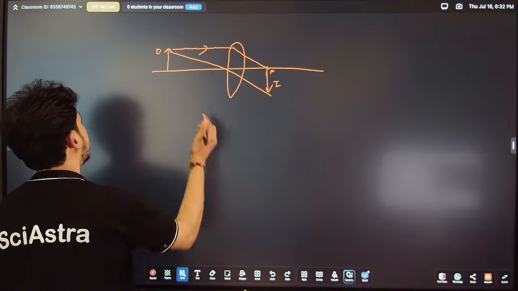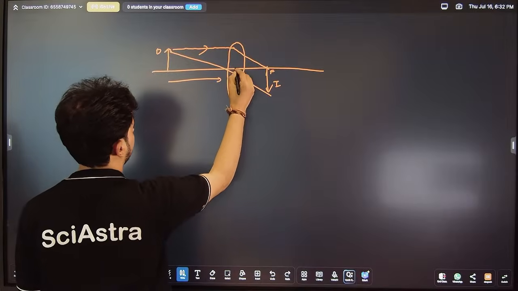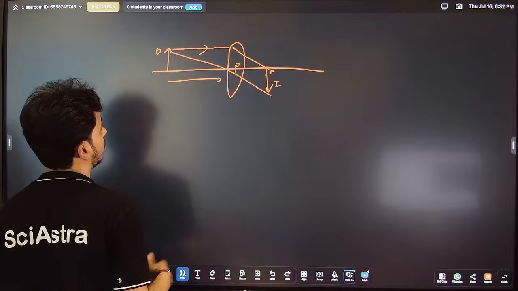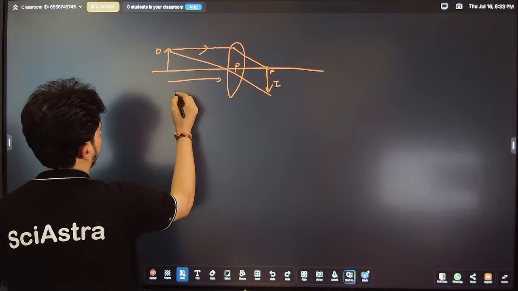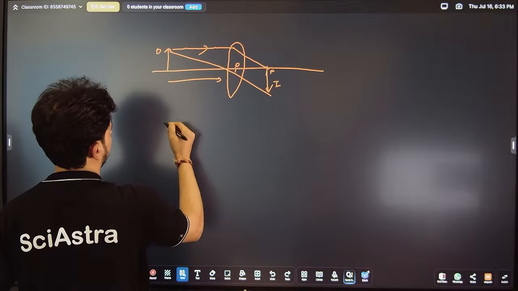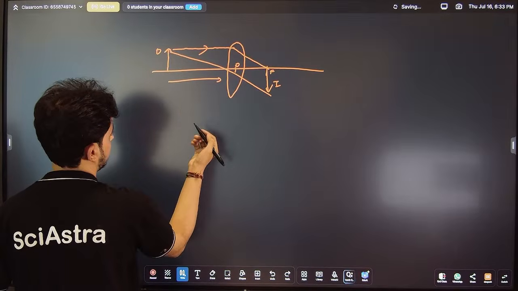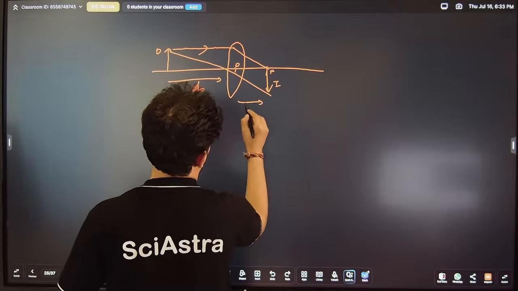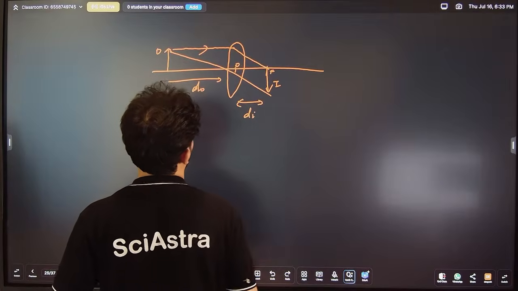Now if you understand this distance, the center of the lens, okay, if I am referring to it as the origin or O, then this distance of the object from the center, let's say you are considering as DO, and this distance you are considering as DI, okay.